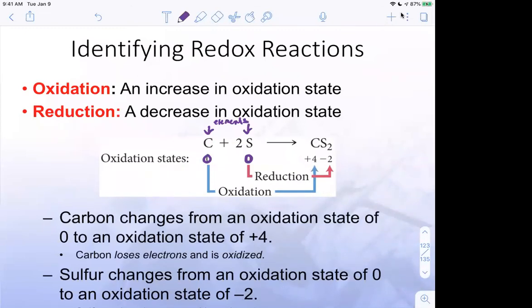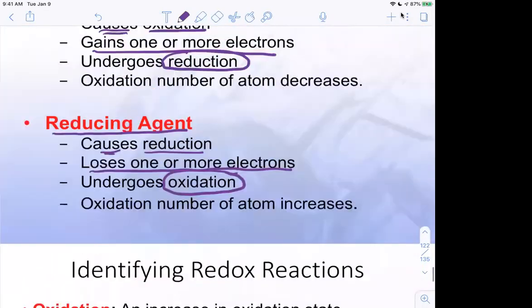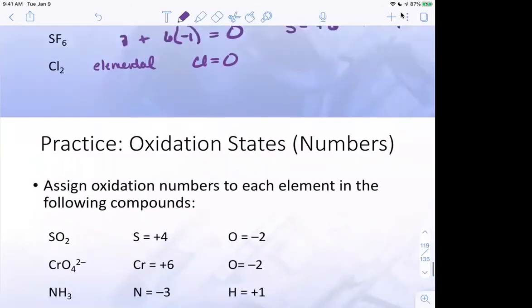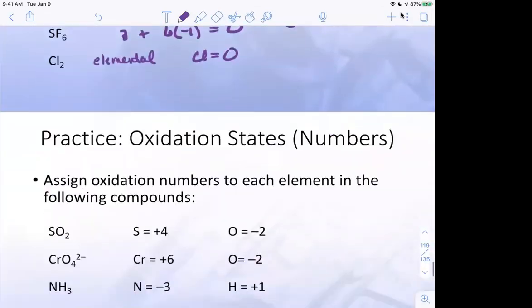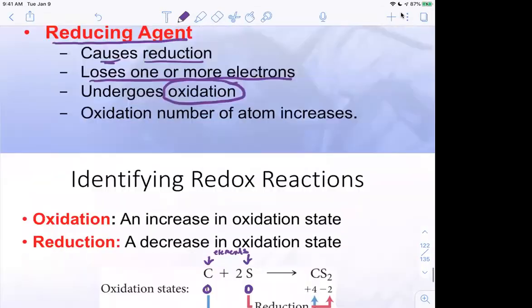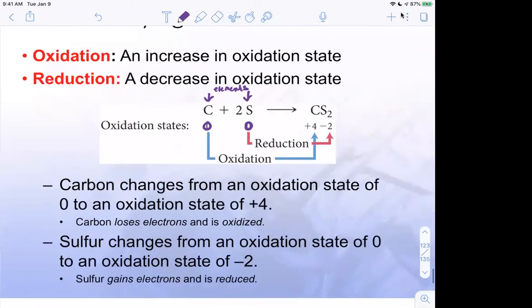But when I look at CS2, when I look at this chart, I'm going to notice that group 6 is always a -2. It doesn't say anything about carbon here. So when I go down to this piece, to assign the oxidation state of carbon, I'm going to use the fact that in this particular compound, sulfur has a -2 oxidation state. There's 2 sulfurs, so that carbon has to be a +4.